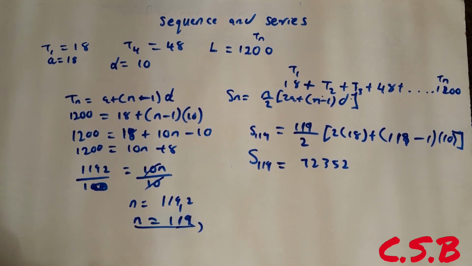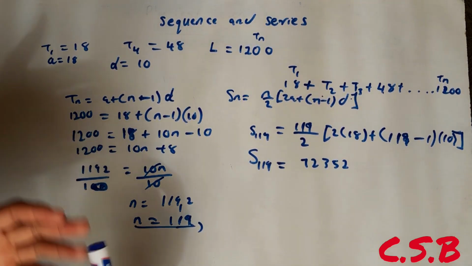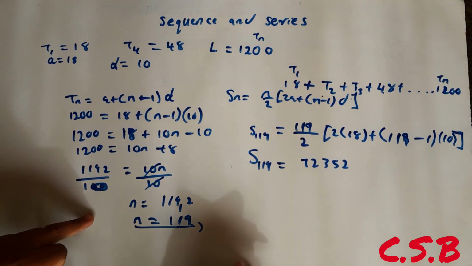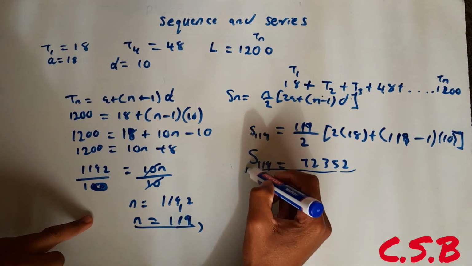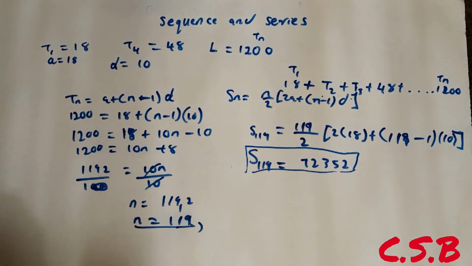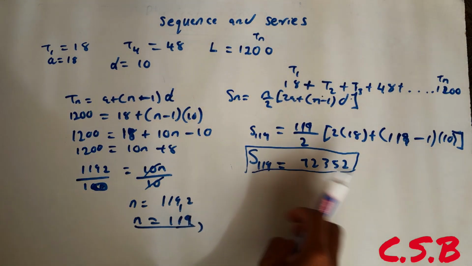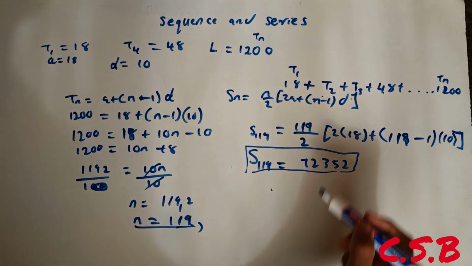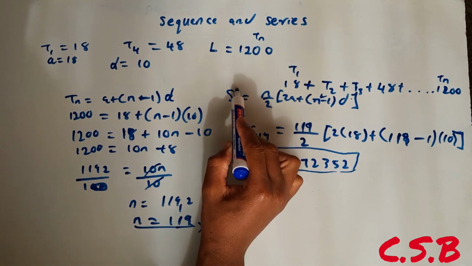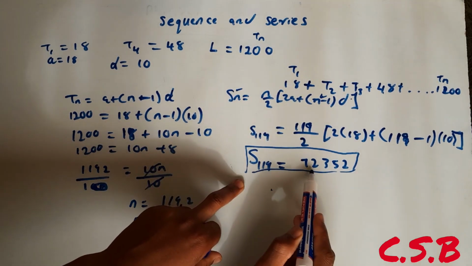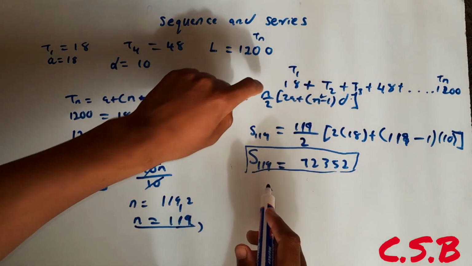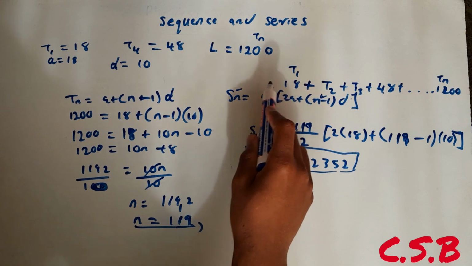So this, guys, is quite simple. Everything is straightforward, because calculating the number of terms will lead you to find the sum. Let's say, for an example, they gave you the sum of the 119 terms, 72,252, then they said now calculate the number of terms. It will be simple. You'll be solving for n now, so this will be your unknown.